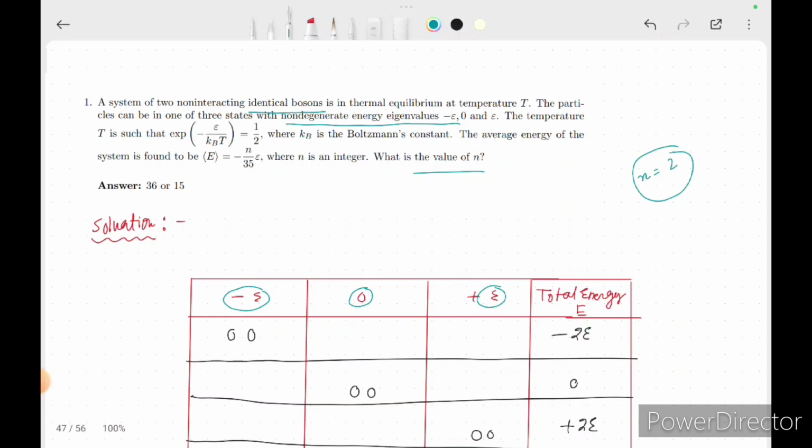And all the bosons are identical, so this is a very important property for bosons also.